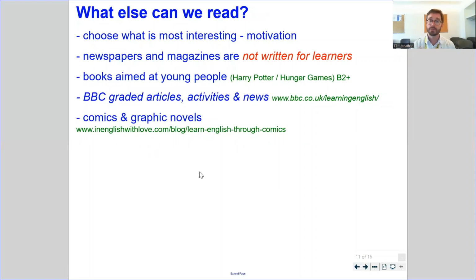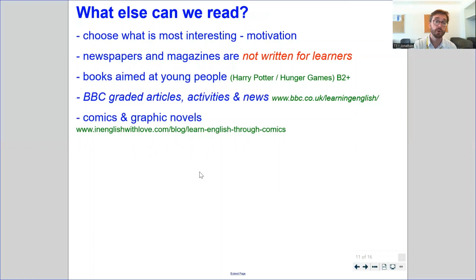However, choosing magazines that are about a topic you're really interested in, so whether that's sports magazines, football magazines, music magazines, yeah, hobby magazines, these kinds of things often more achievable because you are interested and you're already familiar with a lot of the specialist language already.